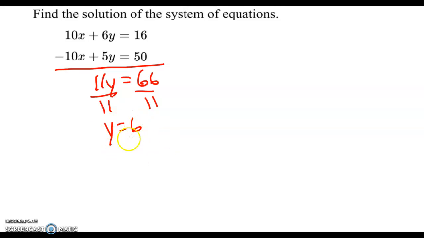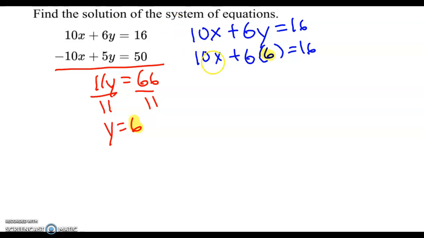Now we're going to take this and plug it into the original equation, but don't plug it in for x. Make sure you plug it in for y, because that's what we have. We have y. So we're going to plug that in. You got 10x plus 6 times the y, which is 6, is equal to 16. You get 6 times 6 is 36. 10x plus 36 is equal to 16.